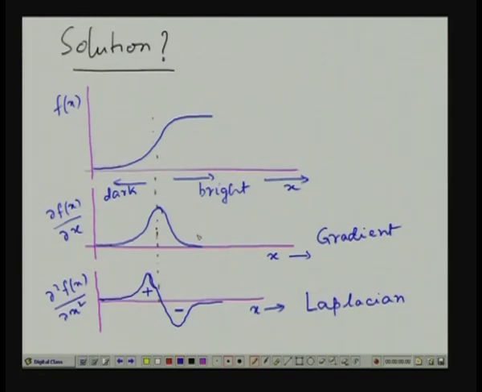Then, to decide which point lies on the dark side and which point lies on the bright side, we can make use of the Laplacian output, where the Laplacian will be negative if a point is lying on the bright side of the edge, and the Laplacian is positive if the point lies on the dark side of the edge.